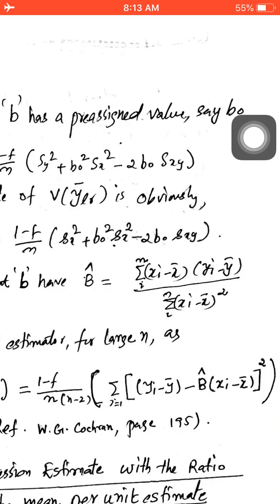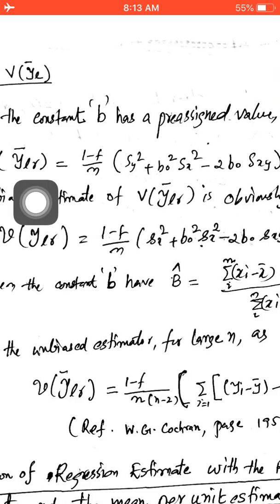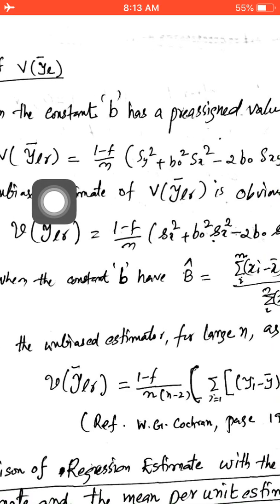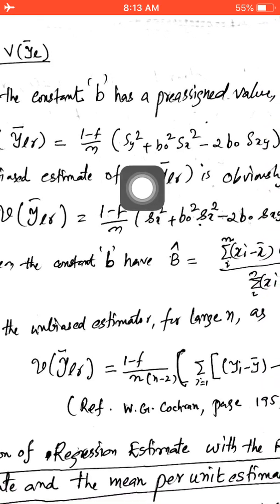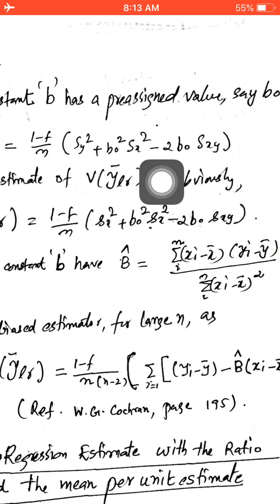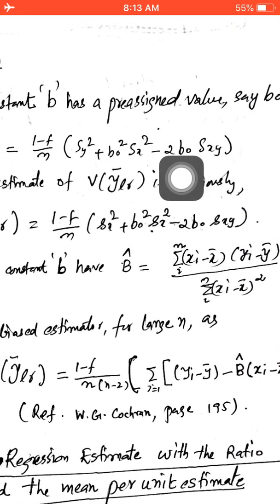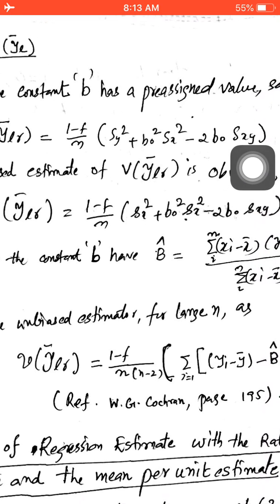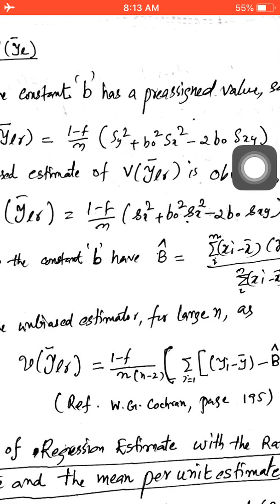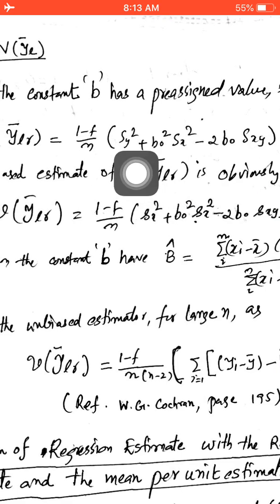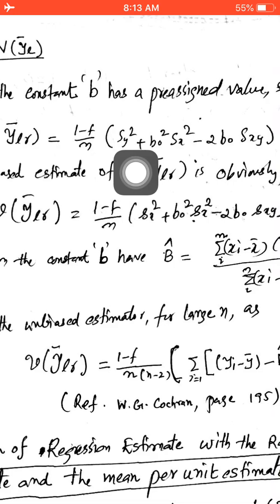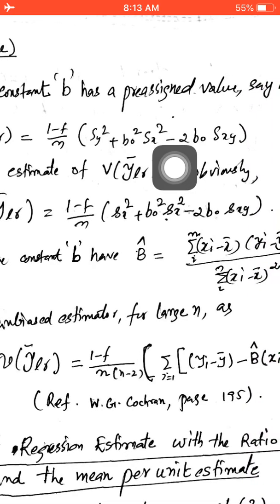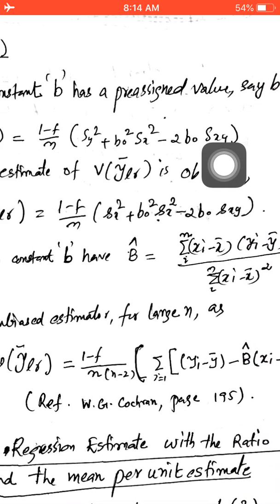B naught, and in this case you know that the variance is equal to 1 minus f by n into sy square plus b naught square sx square minus 2b naught sxy, and these are the parameters. And you know sy square, sx square and sxy can be replaced by their unbiased estimators, respectively small sy square, small sx square and small sxy.